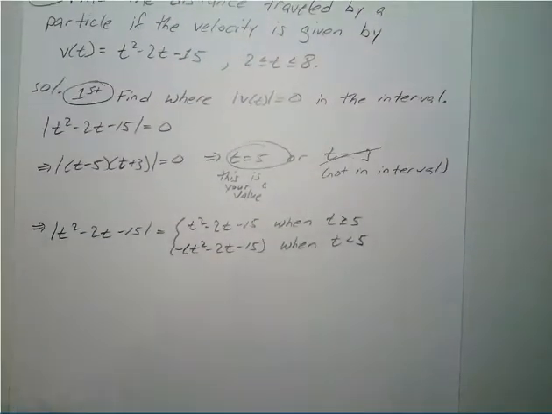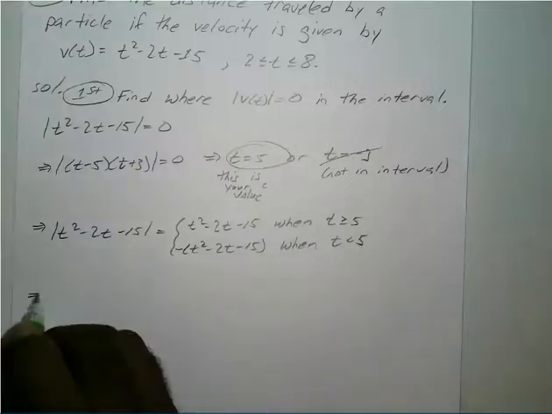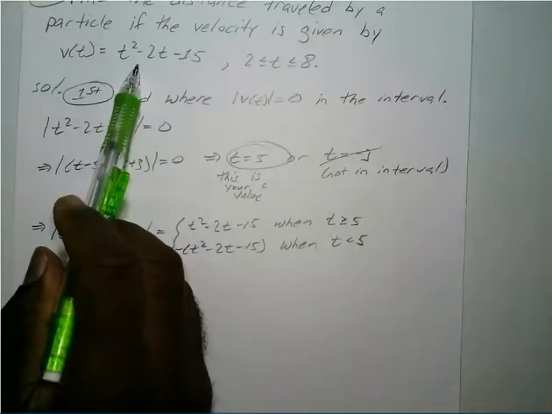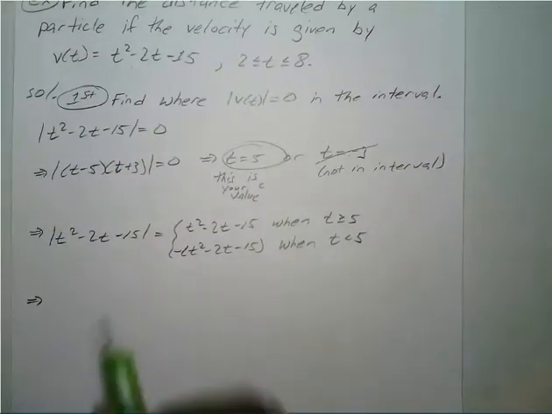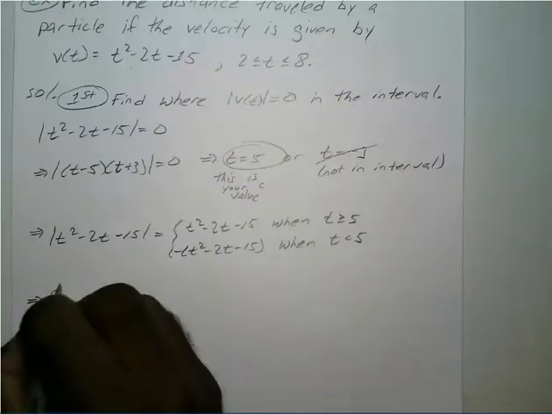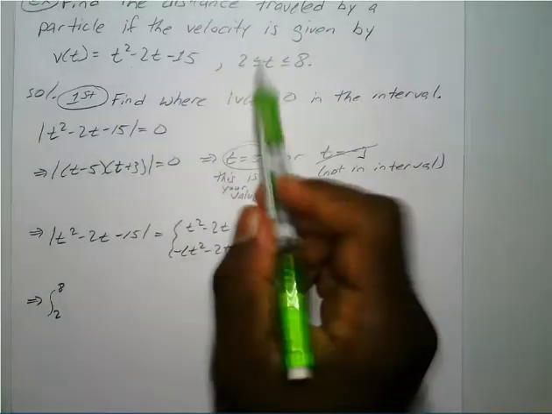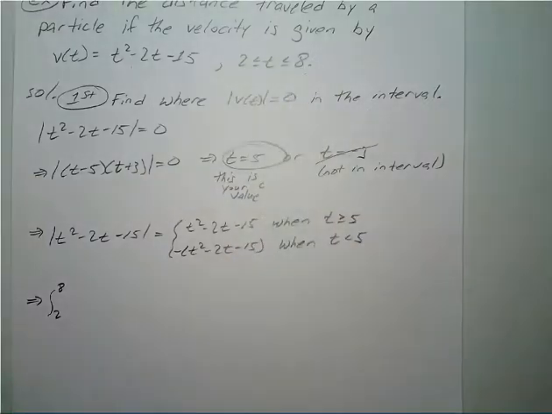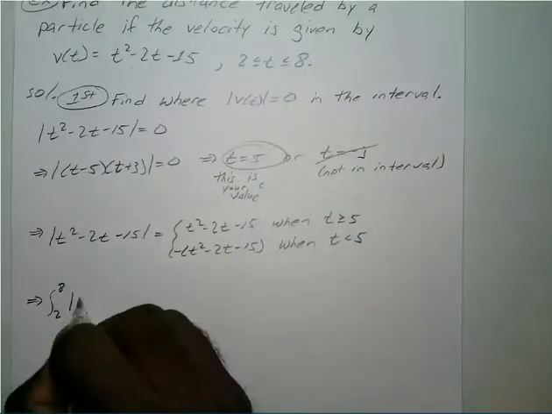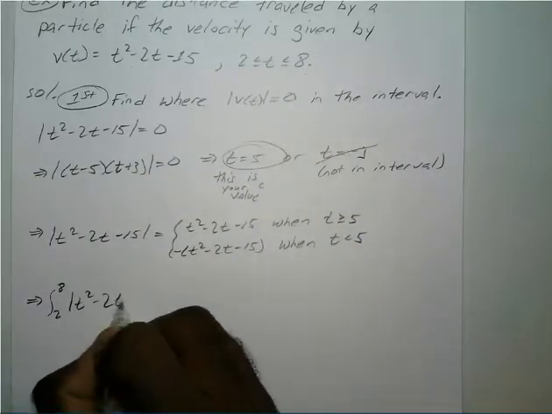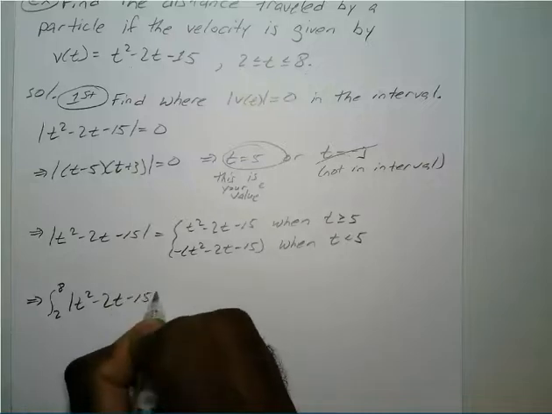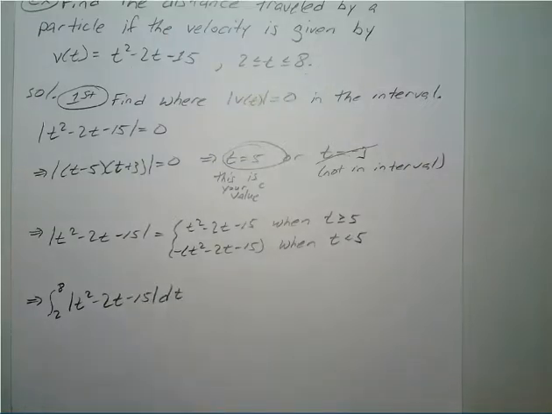That means we take our starting function, the integral from 2 to 8 of the absolute value of t squared minus 2t minus 15 with respect to t.